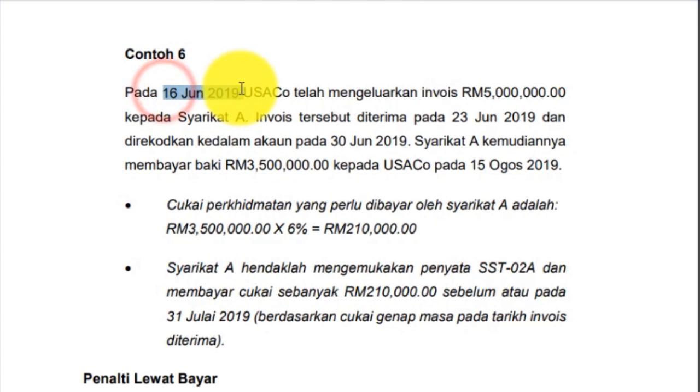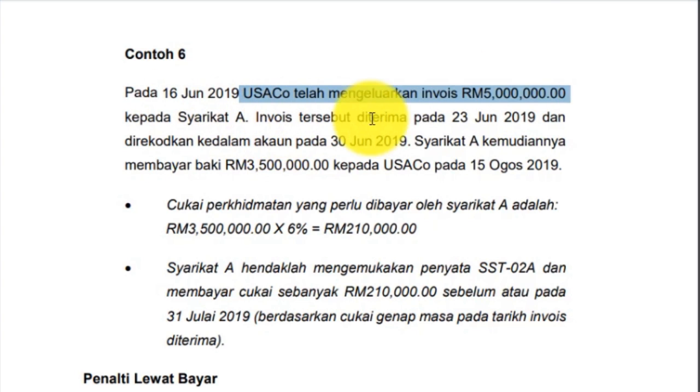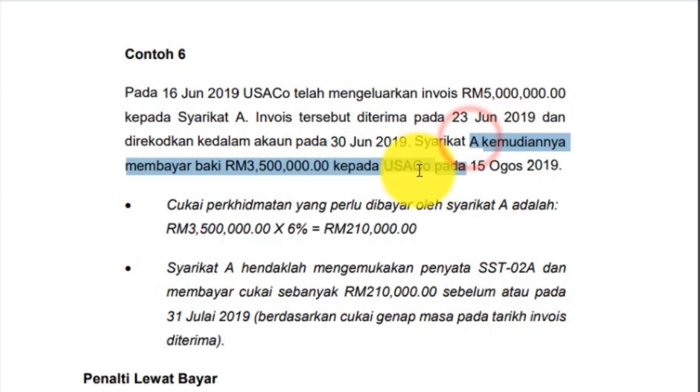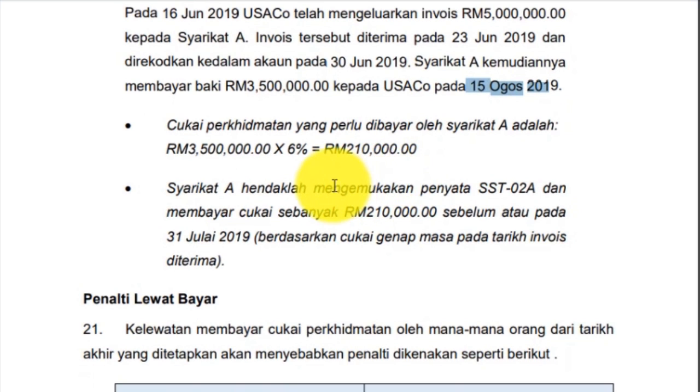On 16th of June, the US company gave the invoice of this amount to company A, and the invoice was received on 23rd of June and recorded in the system on 30th of June. So company A needs to pay the balance of 3,500,000 to the US company on 15th of August. So how to calculate?